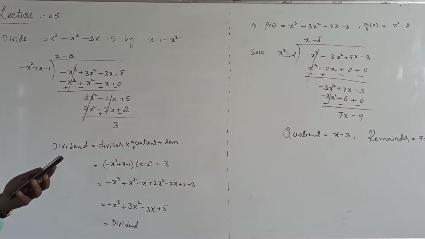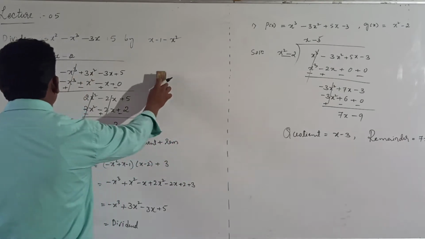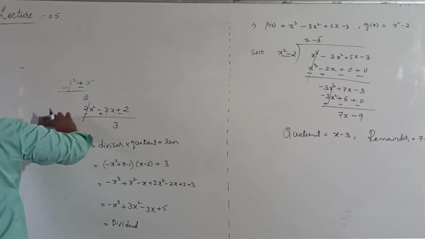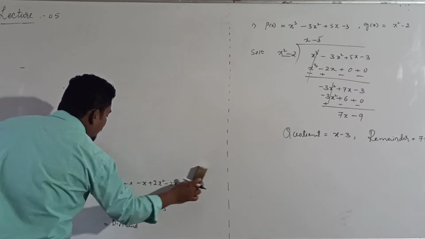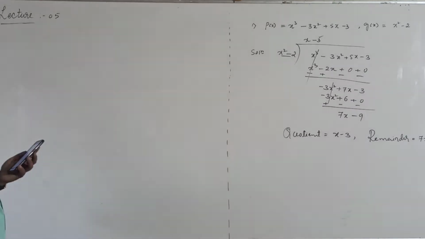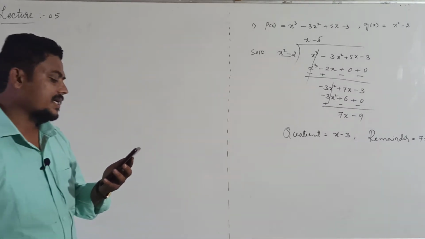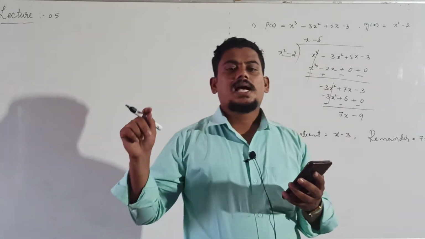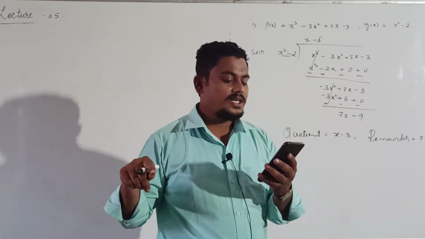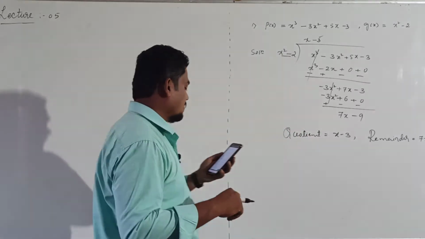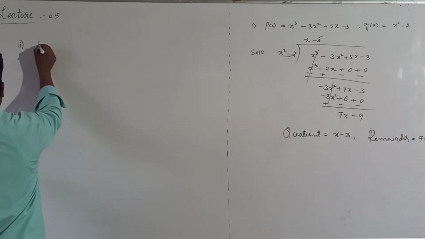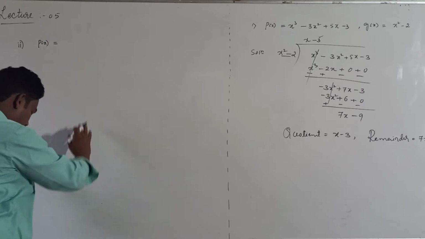Divide polynomial p of x by polynomial g of x and find the quotient and remainder. Once again, the question: divide the polynomial p of x by polynomial g of x and find the quotient and remainder of the following. Second problem, what is p of x?